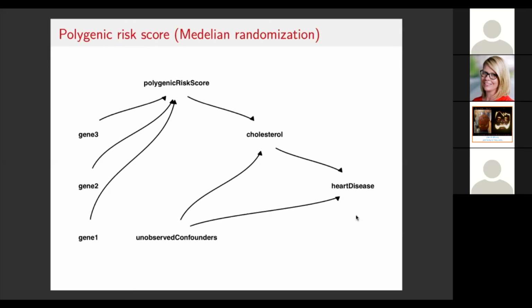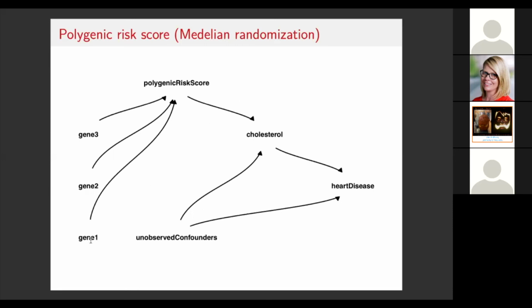And your outcome of interest is heart disease, which could be caused by other potential confounders that can affect this relationship between cholesterol and heart disease. But what happens is this polygenic risk score acts as your randomization device. That's your instrument.